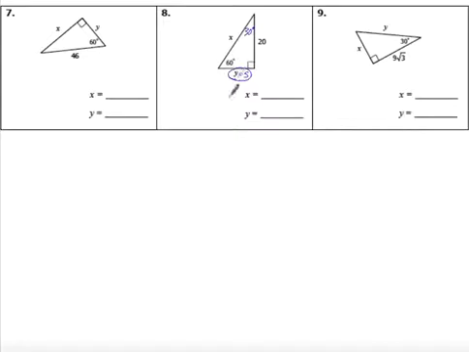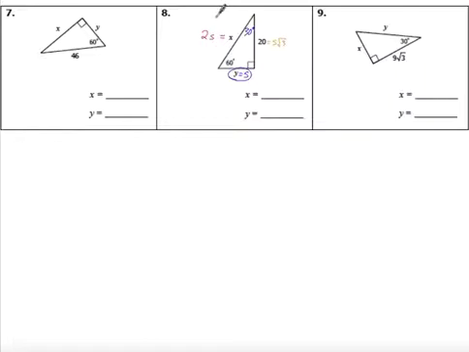Then next we have our longer leg. The longer leg we label as s root 3. So 20 is equal to s root 3. And then lastly, we have the hypotenuse. We always label that as 2s. So 2s is equal to x.